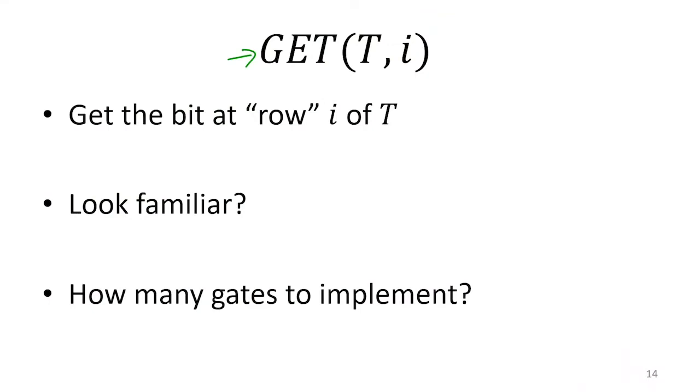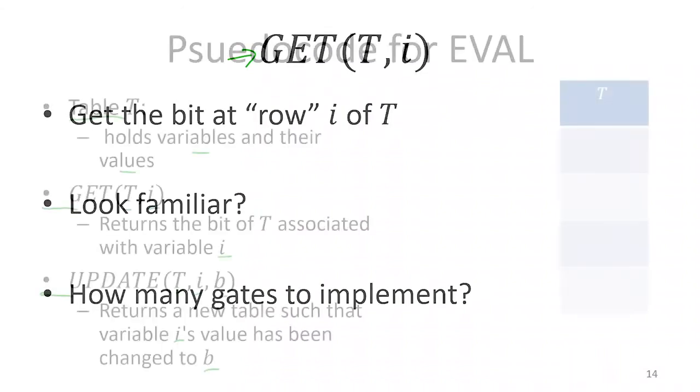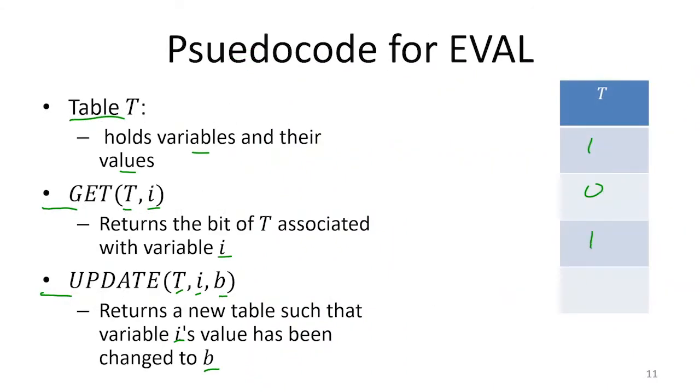The first thing we're going to talk about is get. The way that we thought of our table before was kind of as a column of bits. You can think of this as just a bit string, though. Instead of thinking of these as columns, we're just going to represent them sideways as a linear string.